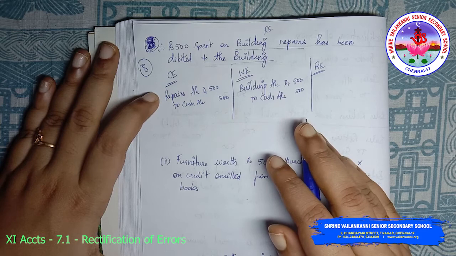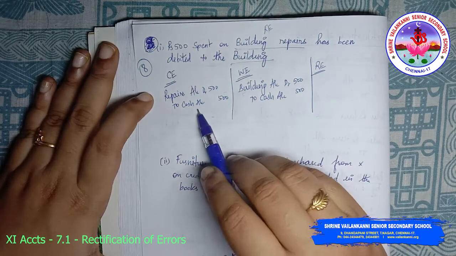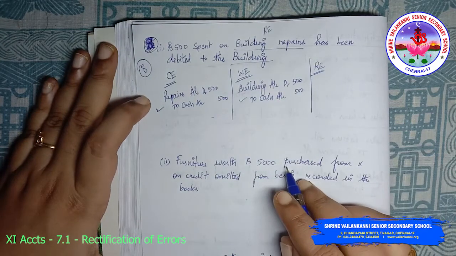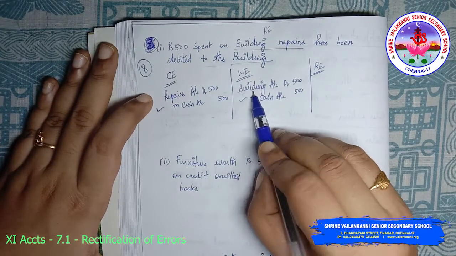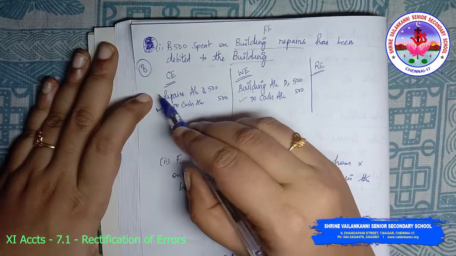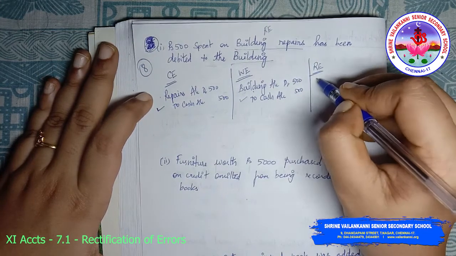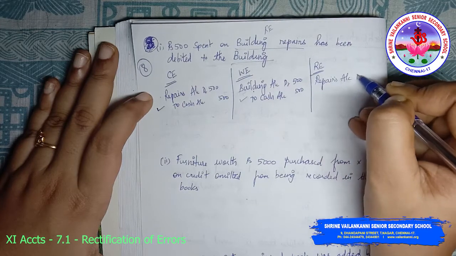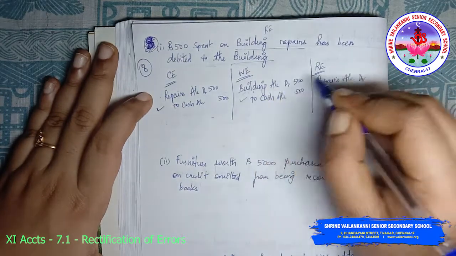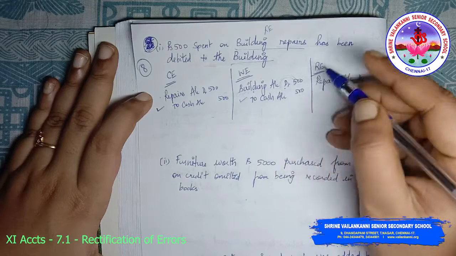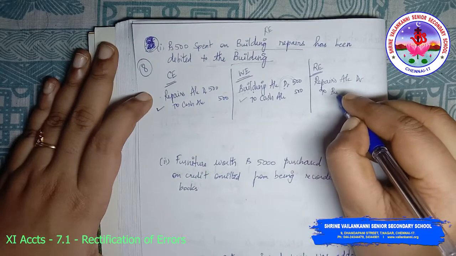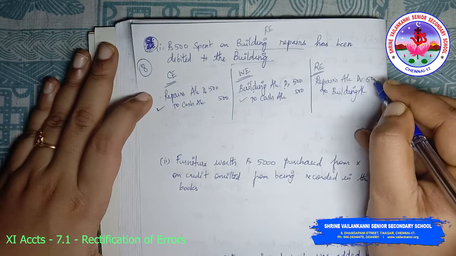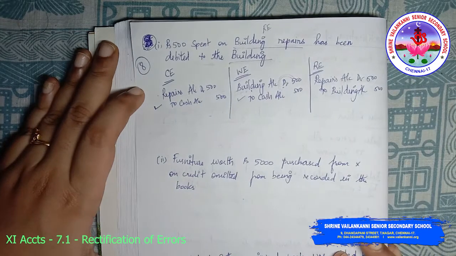But what you have to rectify, to cash is right. Wrong debit has to be credited and correct debit has to be debited. So repairs account debit, it is correct. Building is wrong. So debit, how to cancel? You have to credit it. I hope that this is clear.